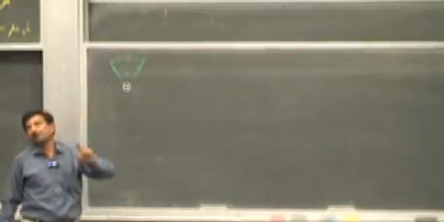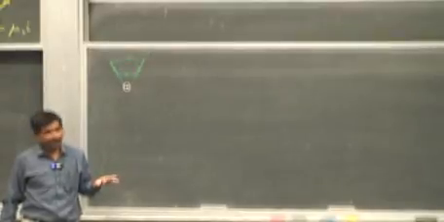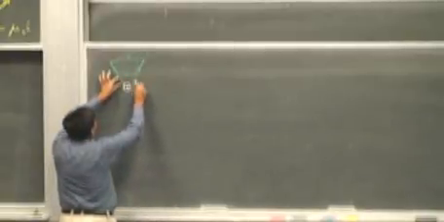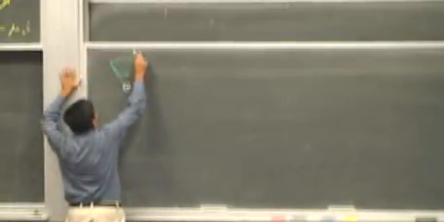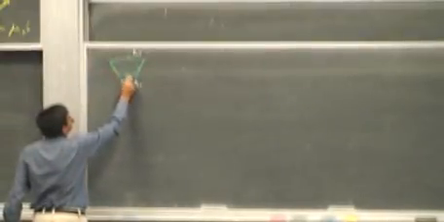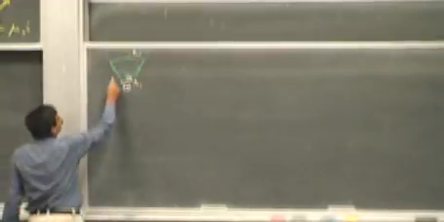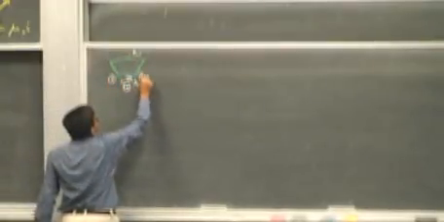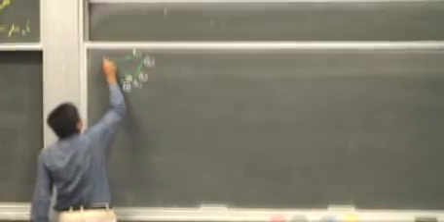So it does not enclose any current. Let's see if Ampere's law works here. So let's suppose this distance is R1, this distance is R2, the distance from the current carrying conductor. This angle is theta. Let's call these points 1, 2, 3, 4.